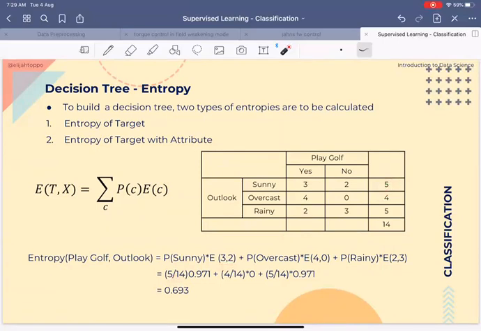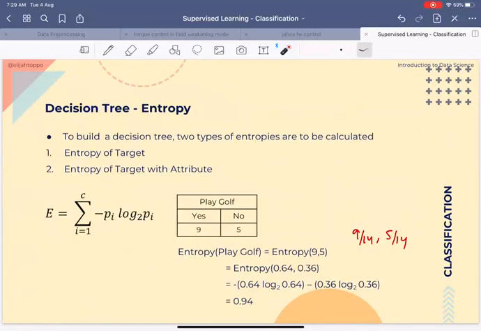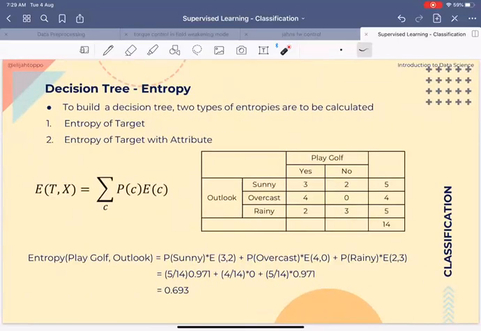So E(3,2) is basically entropy of 3,2, which we saw how to evaluate here: it would be 3 by 5, 2 by 5, and we take each value multiplied by log to the base 2 of the same value, and we'll end up with some number. So entropy of 3 comma 2 comes out to be 0.971.